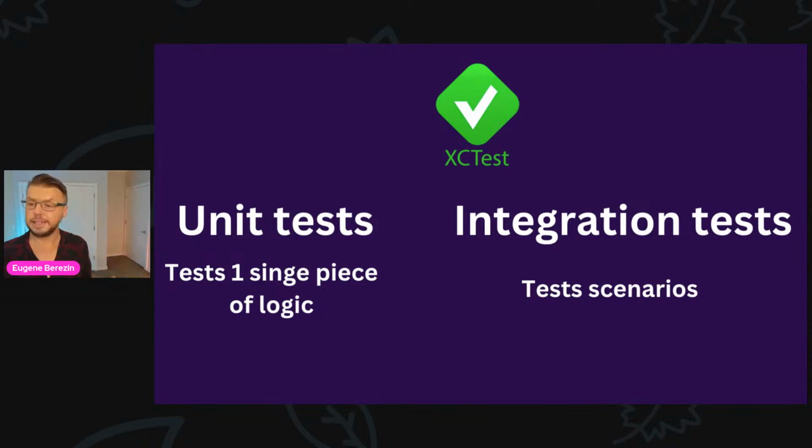There are unit tests, and for my QA people who are transitioning to iOS development, unit tests are something you have to get used to, because as QA professionals we were used to integration tests, the whole scenario test. We test whether a particular scenario works or doesn't.